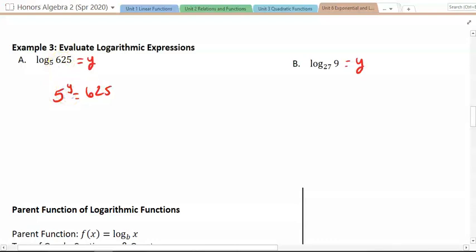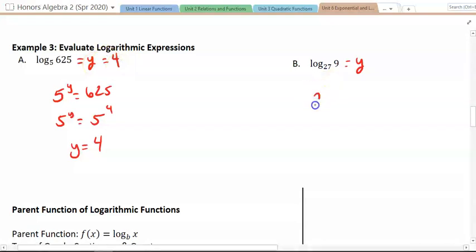So 5 to what power is equal to 625? Well, we can rewrite this as 5 to the y is equal to 5 to what power of this? 4. So y is equal to 4. Which means that log base 5 of 625 is equal to what? 4.